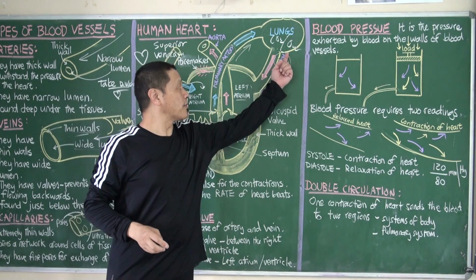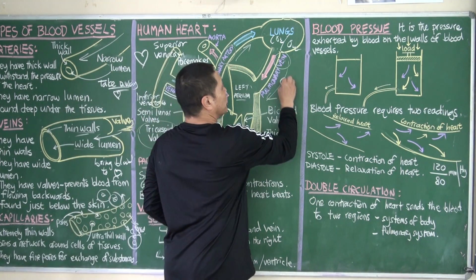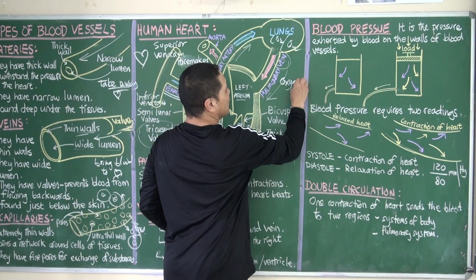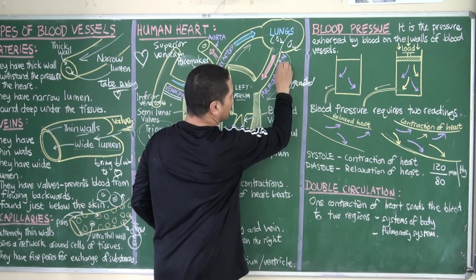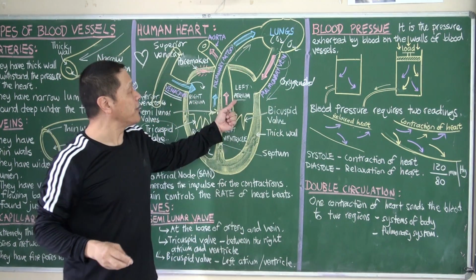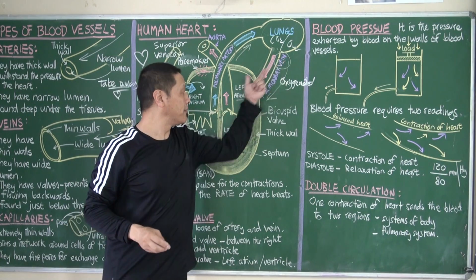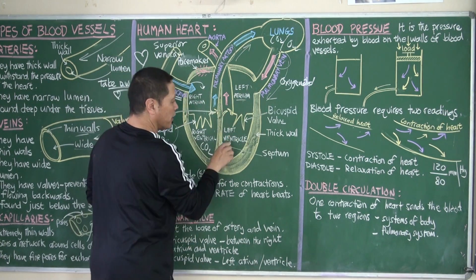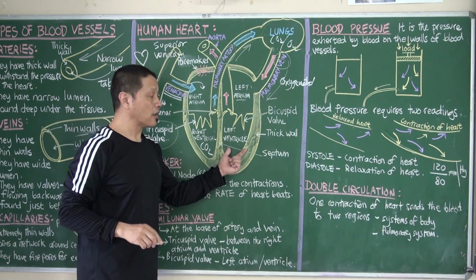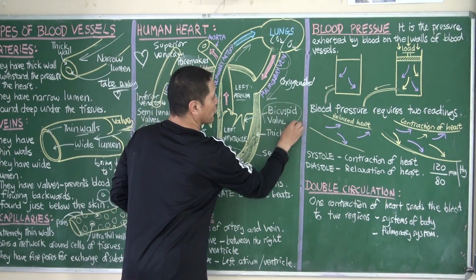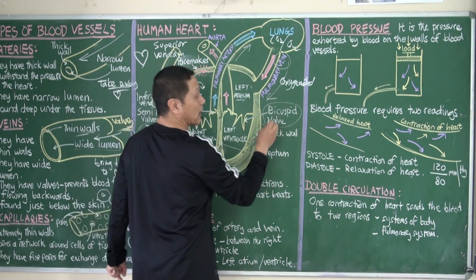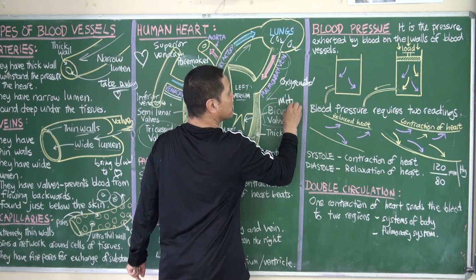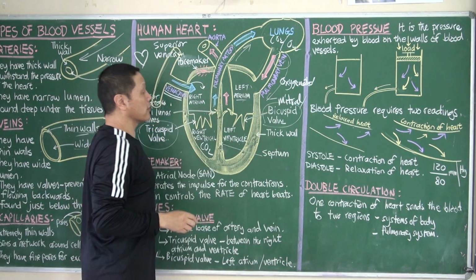Okay? So the oxygenated blood enters the left atrium through the pulmonary vein and drops into the left ventricle through something known as the bicuspid valve, which is also known as the mitral valve. Okay?